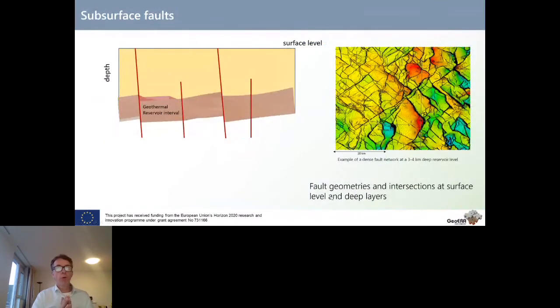So faults are present anywhere in the subsurface. They can be visible at the surface, but most of the faults are actually present at large depths where you cannot directly see them. So we have methodologies to see where these faults are and how they intersect with prospective intervals, like, for example, layers for geothermal resources or hydrocarbons and storage capacities.